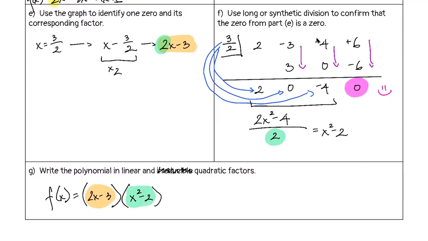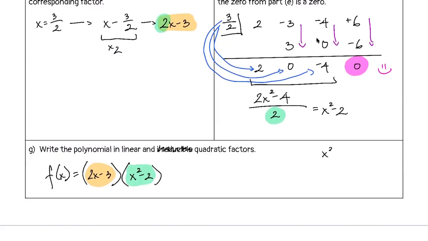Okay. So let's think for a moment. If I have x squared minus 2 and I want to set that equal to 0, well, I could add 2 and I could take the square root. Is that an okay square root to take? Yeah, it is. We can do the square root of a positive 2. But the one thing we don't want to forget is we got to have our plus and minus when we take that square root.